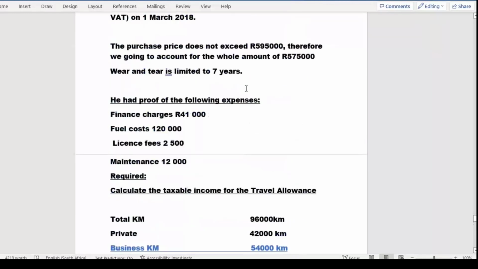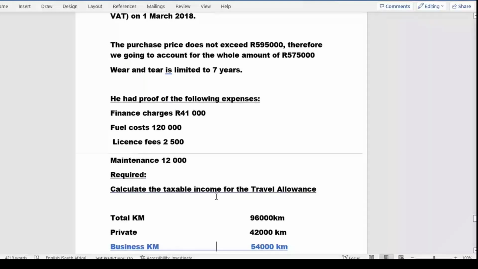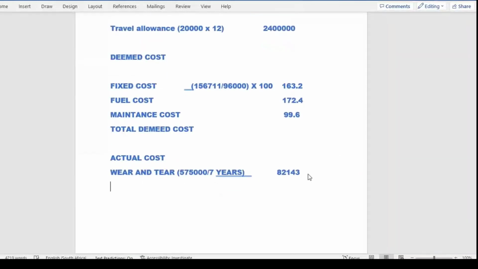Let's go to the question. We've got finance charges, we've got license fee, we've got fuel cost.